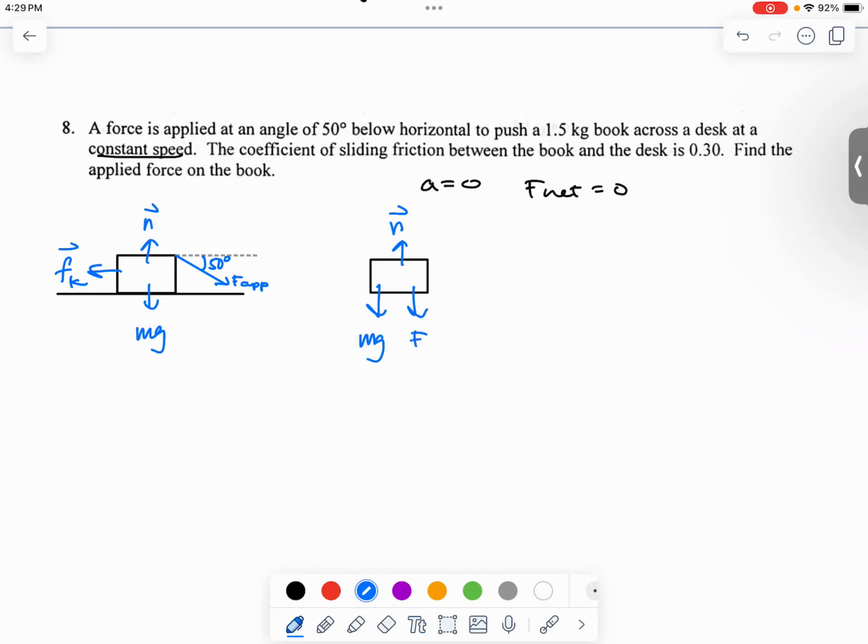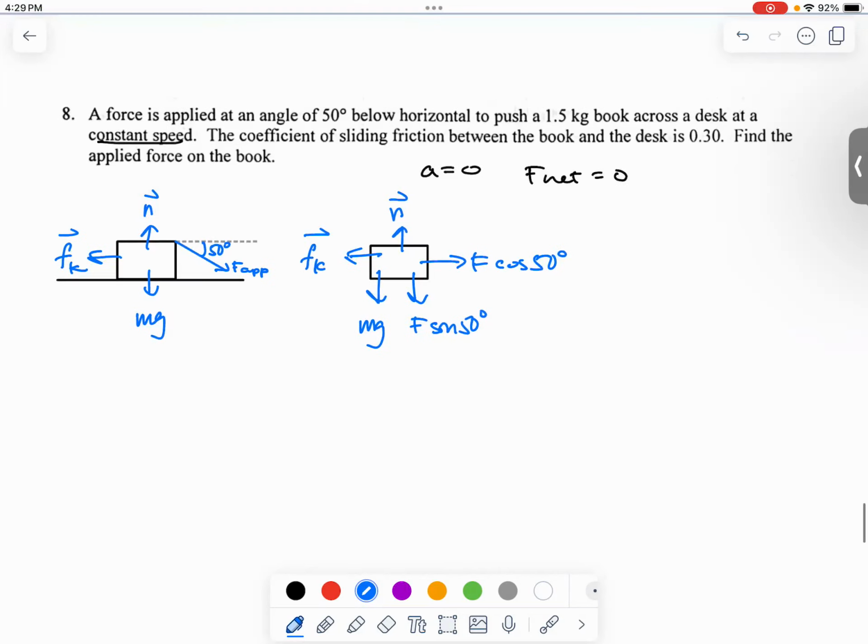Okay, so we have the applied force's component F sine 50 degrees, and then we have F cosine 50 degrees. And we also have F_K. All right, so these are the things that we have.